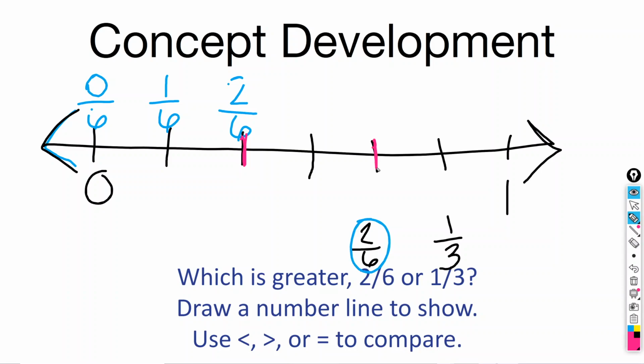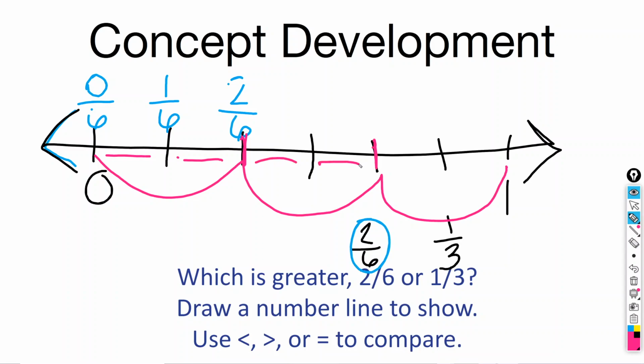So if you see 1 piece, 2 pieces, 3 pieces, each of those pieces is 2/6 long. So they're all equal pieces. Now I'm going to label my thirds. First I have 0/3, and at my first line I have 1/3.